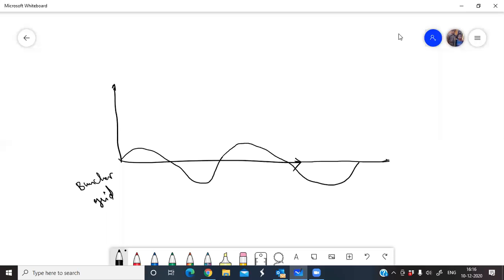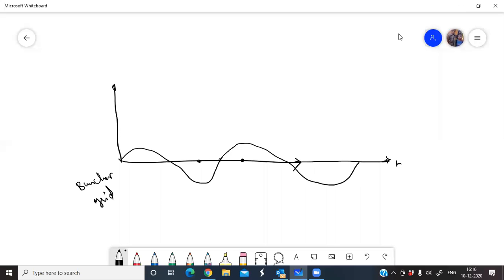I want to take 2 cycles here, and this is the negative value, right? And this is Vs equal to 0, and this is Vs positive. Is it okay? Vs is nothing but the RF signal.